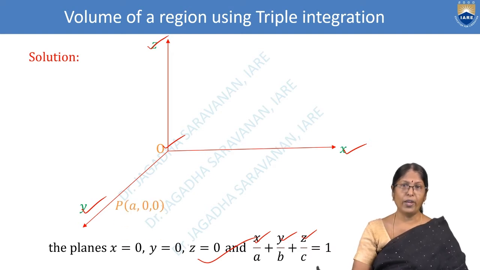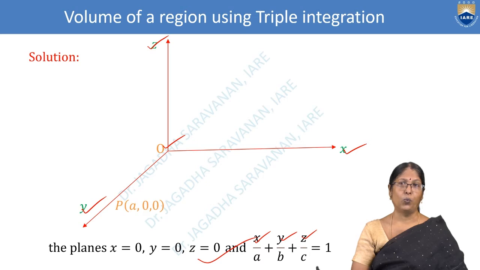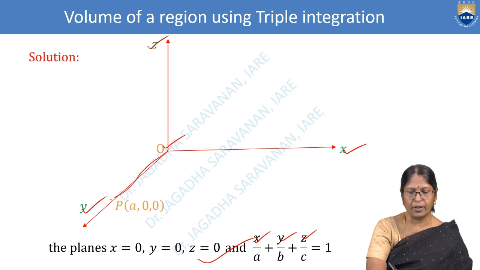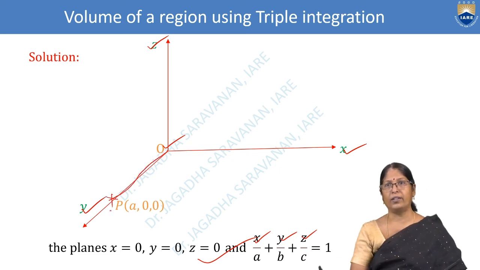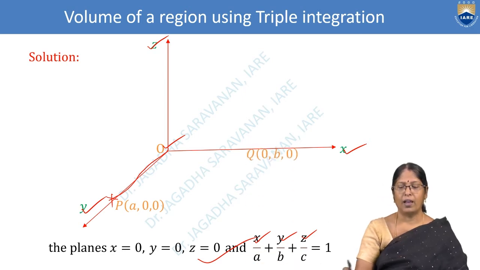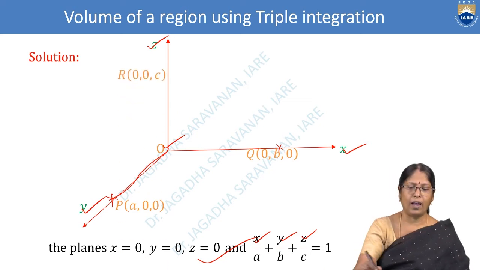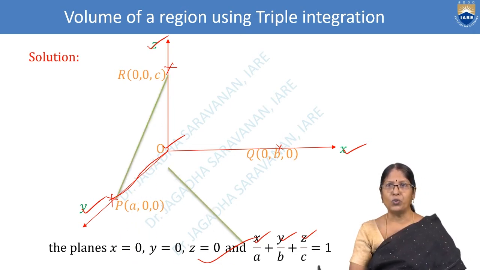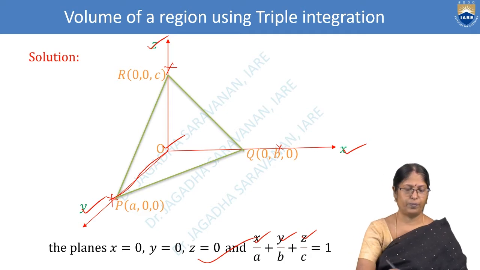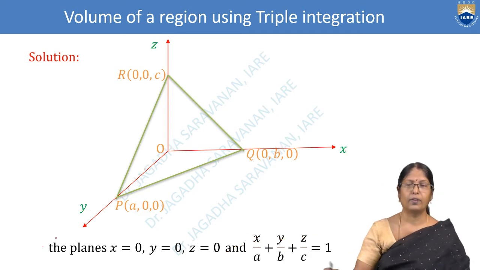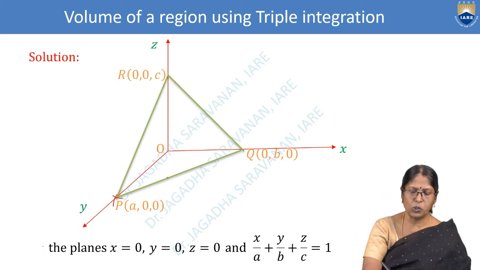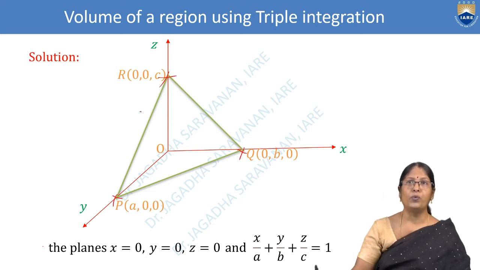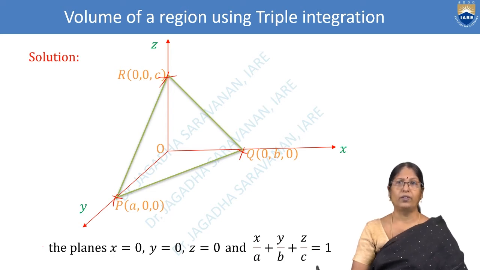Here from the origin, the plane cuts the y-axis at the point A, the x-axis at the point B, and the z-axis at the point C. Joining these points, we get the triangle.